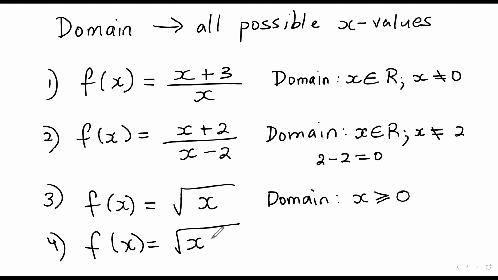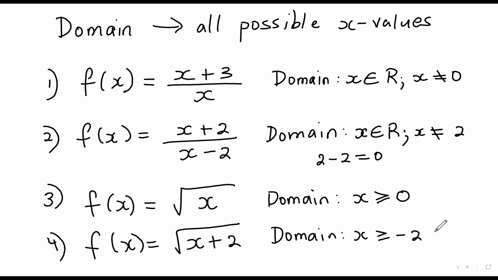But if it was a case like f of x is equal to the square root of x plus 2, for instance, the domain here would have to be when x is greater than or equal to negative 2, because negative 2 plus 2 is equal to 0.